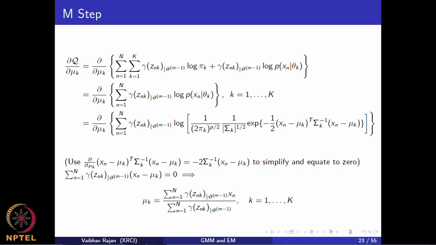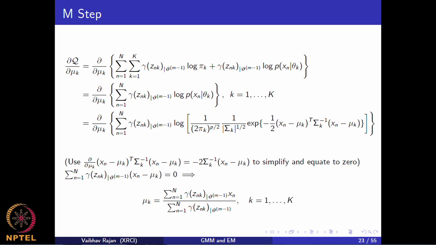Now one thing to remember is that the guessed parameters at the previous iteration, we know these parameters, so we know the responsibilities. So the responsibilities are just constants in this case, and so differentiating this becomes very easy.